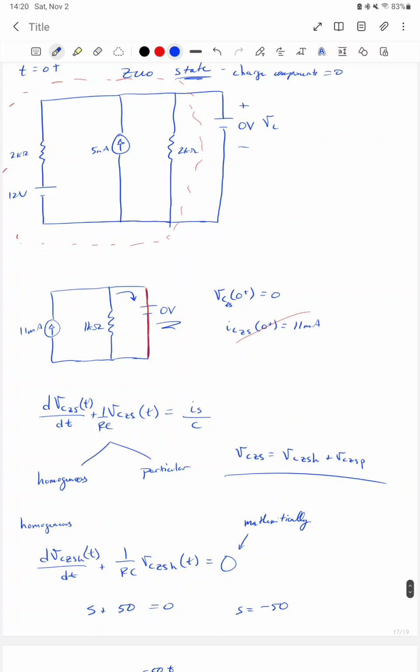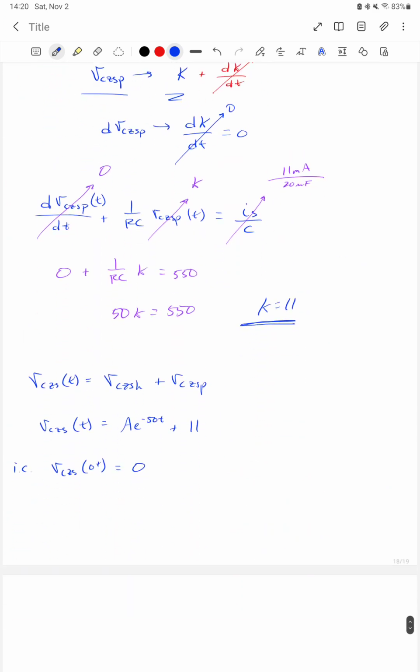We established this here. Our capacitor voltage is 0 at 0 plus. That's why it's 0 state, because the state of the charged component is 0, which means that that's equal to our A e to the negative 50 times 0 plus 11. This is going to go to 1, which means that A plus 11 is equal to 0, which means our A is equal to negative 11.